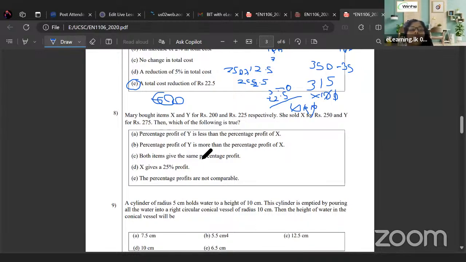If there is a 50 profit on 200, that means for 100 you get a 25% profit. C and D are both correct, right? Percentage profits are not comparable.